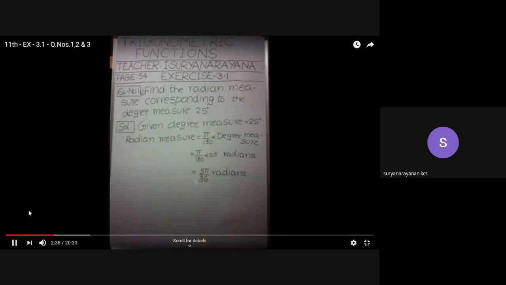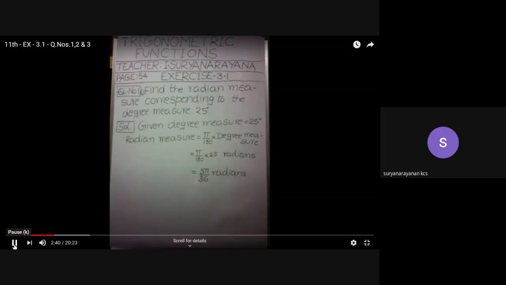No need to write the degree symbol; just write the numerical value, that is 25. Then by simplifying these two numbers, we get 5 pi in the numerator and 36 in the denominator. So the radian measure of this angle is 5 pi by 36 radians.